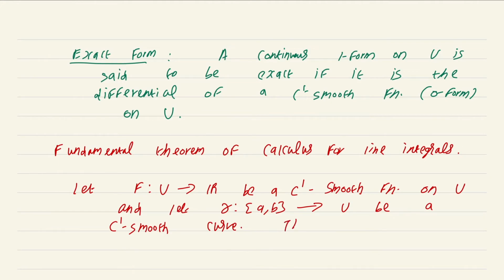Then the integral over gamma of the differential one form df is nothing but f of gamma of b minus f of gamma of a. So if you integrate the differential, you just get back the function evaluated at the endpoints with a negative sign in between. Very similar to the fundamental theorem of calculus.